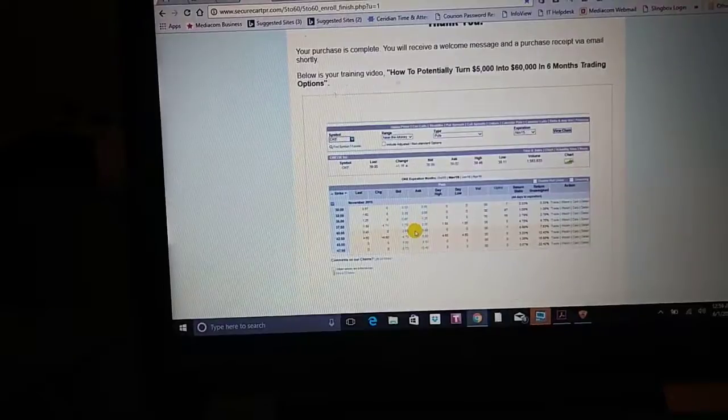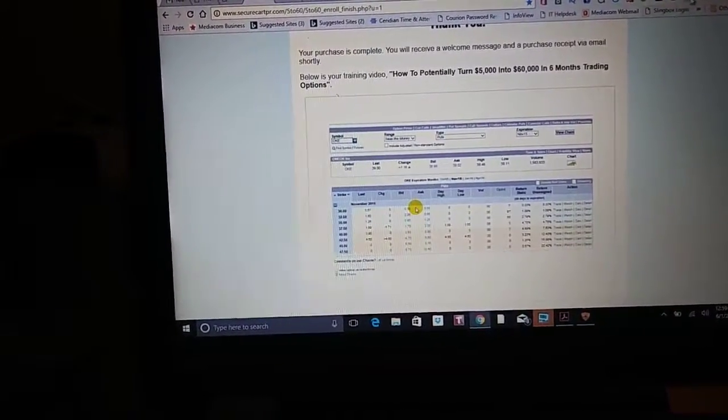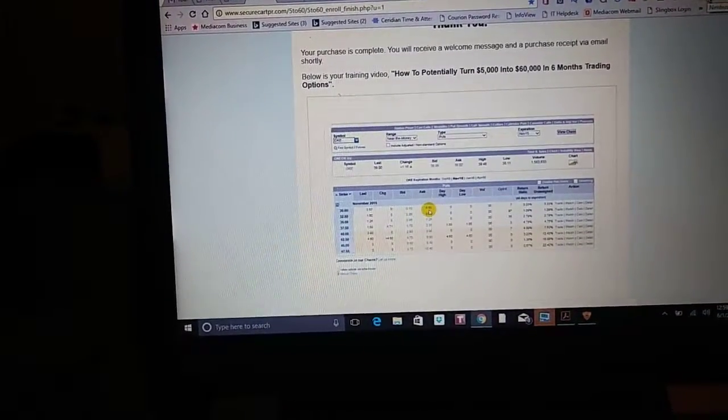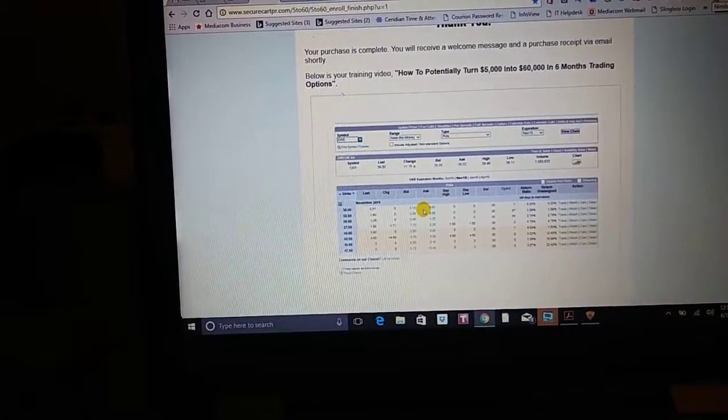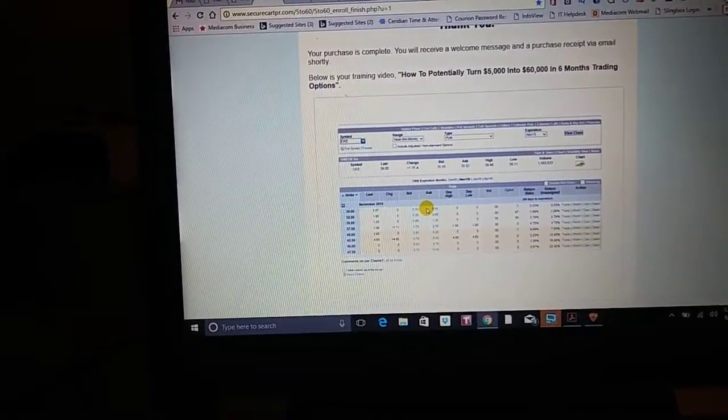Now let's take a look at, well, why not buy a $30 put? You only have to pay 10 cents, 50 cents, or they split the difference, 30 cents. Why pay all this money when you can buy one for 30 cents?